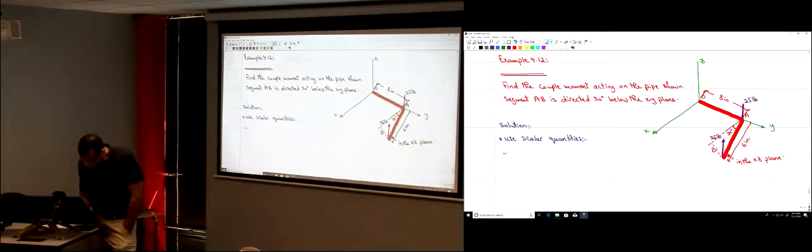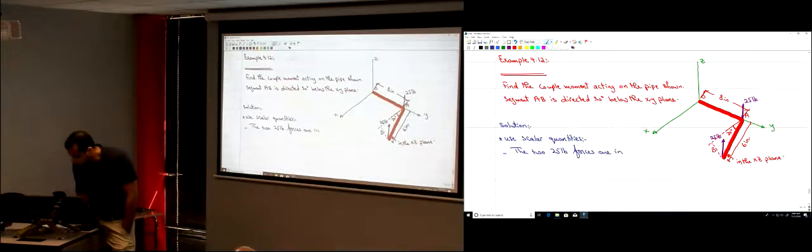So first, the two 25-pound forces are in the XZ plane. Therefore, the couple moment is in the Y direction.